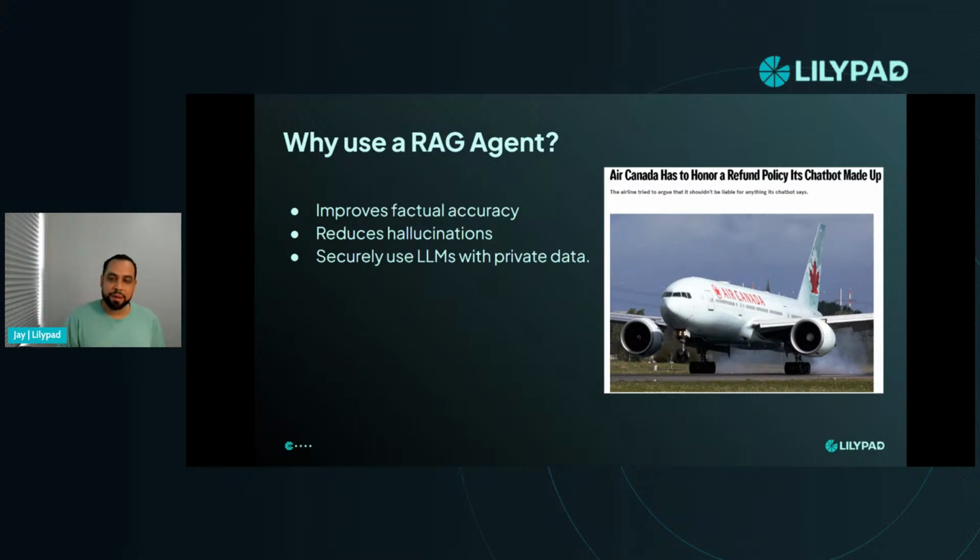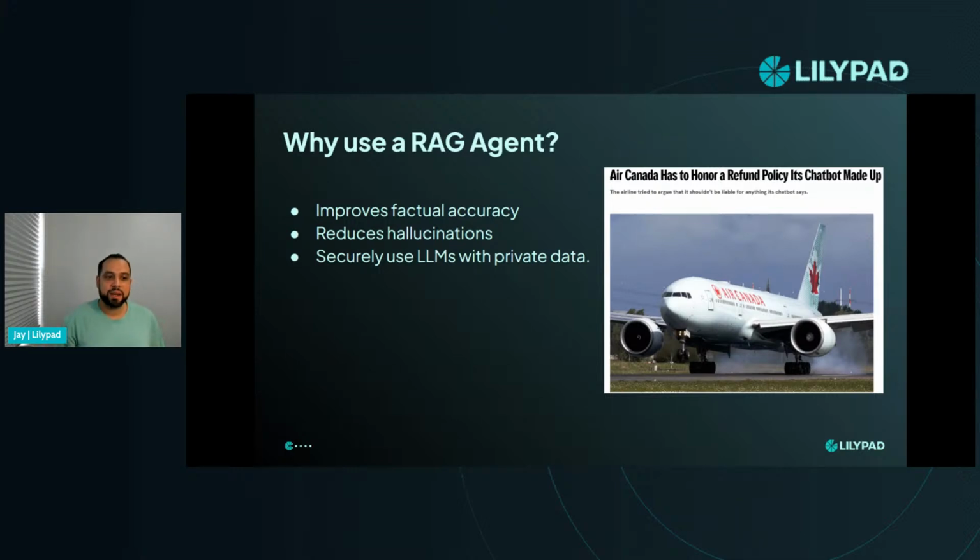The chatbot said yes, but the organization then didn't honor the refund. It went to a court case, and it was resolved, and the customer got their money back. The key thing to highlight is that a general LLM is not too good at having accurate data. If you're using a RAG agent referencing a file or your policies, it's less likely to mess up and diverge from that.